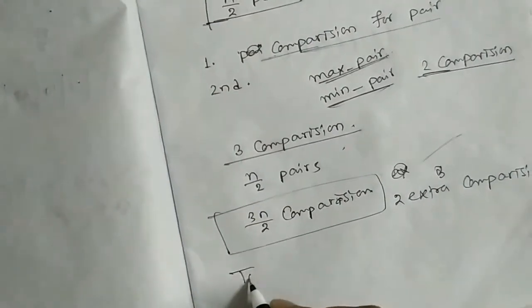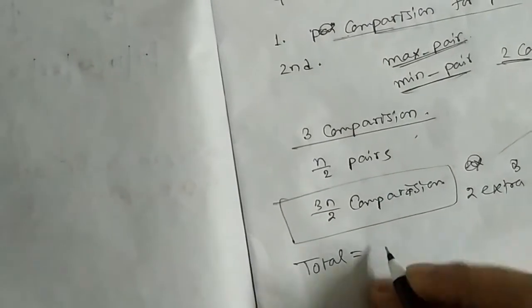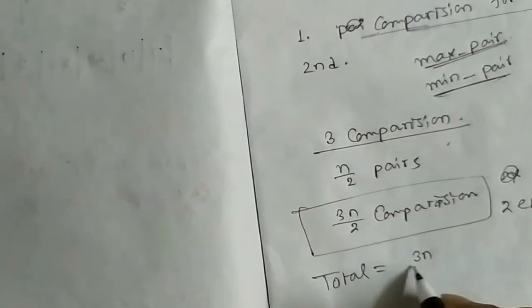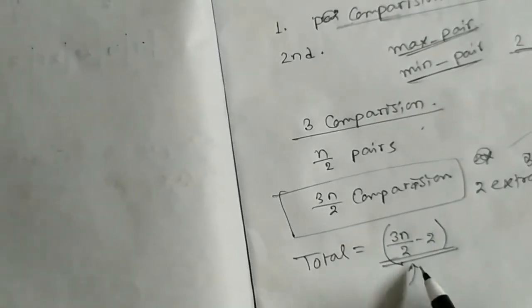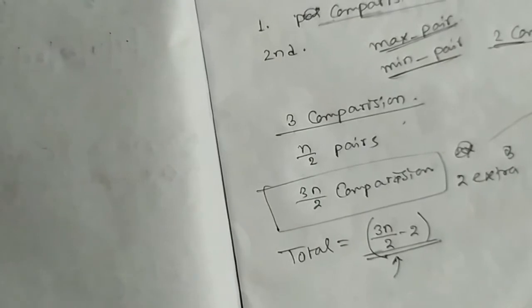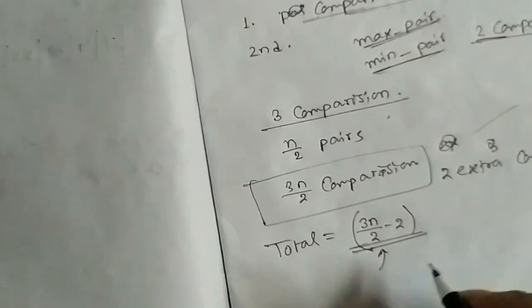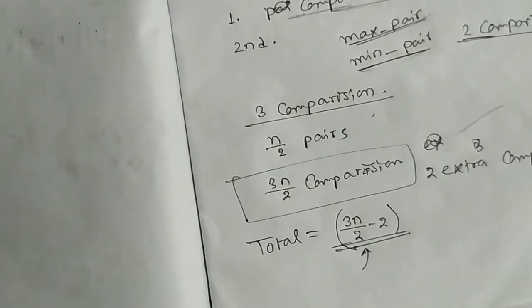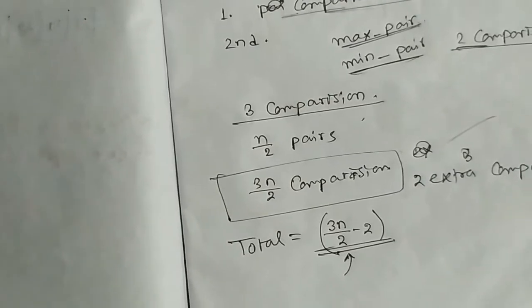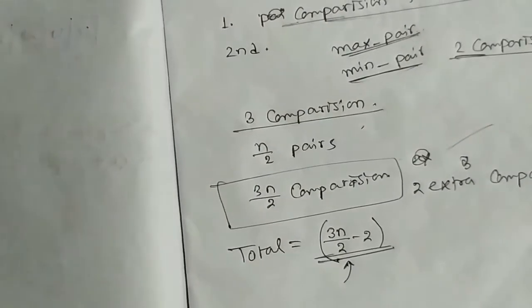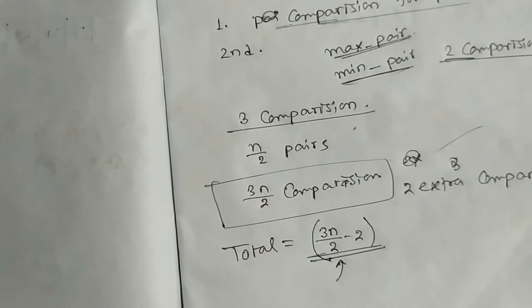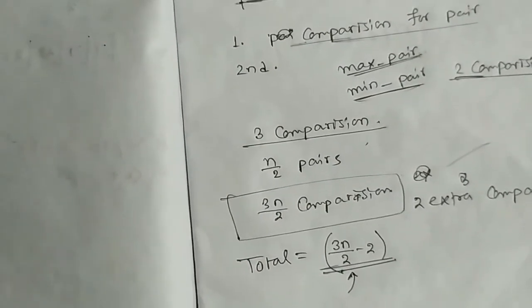So now the total number of comparisons we actually made is 3n by 2 minus 2. Thus after 3n by 2 minus 2 comparisons and without using any extra array, we can calculate the maximum and the minimum of any given array, and this is the minimum number of comparisons we have to make.